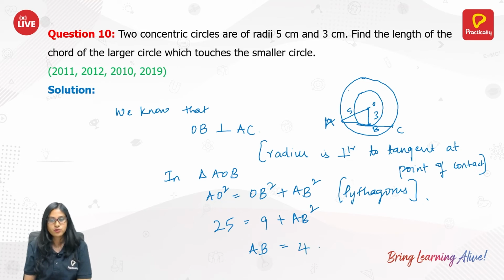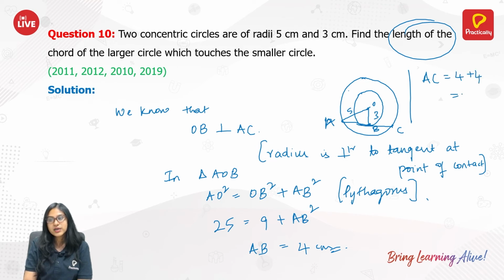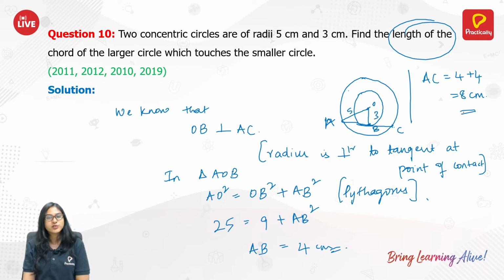Root 16 is 4. But what do we have to find? Length of the chord. We have to find the length of AC. So AC equals 4 plus 4, that is 8 centimeters. Now you might be wondering, ma'am, this is 4. Why will we take this also 4? Do it for this side also, you'll be getting the same thing, because radius 3 and 5, you'll be getting 4 only. So 4 plus 4 equals 8 centimeters.